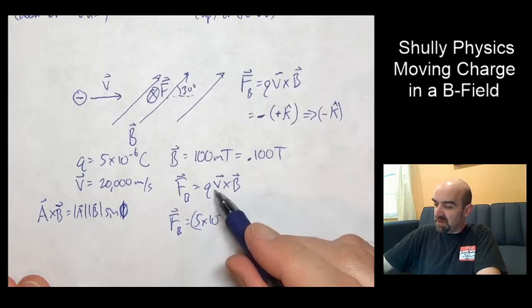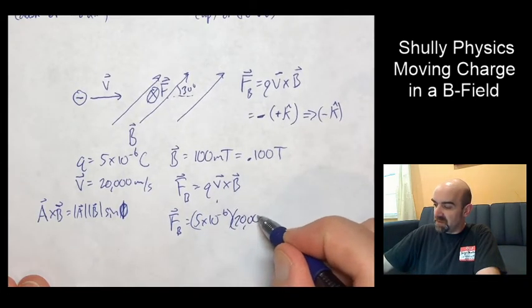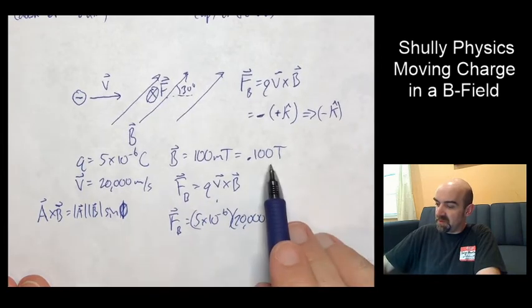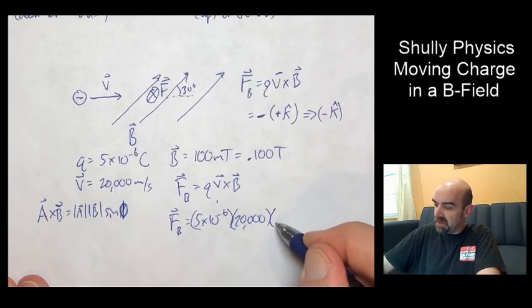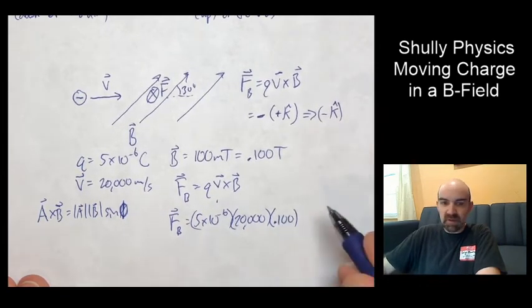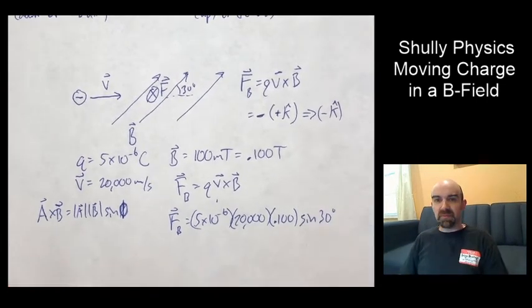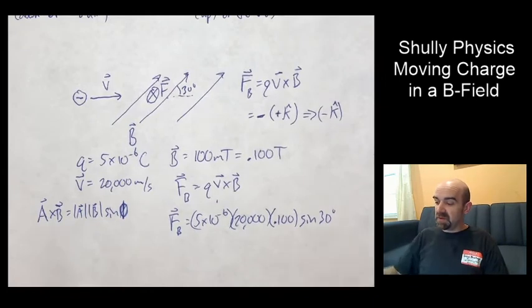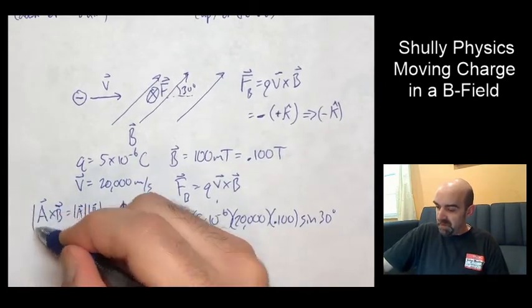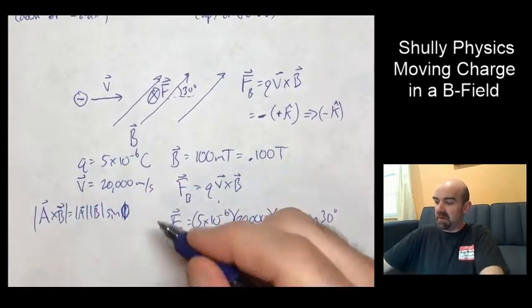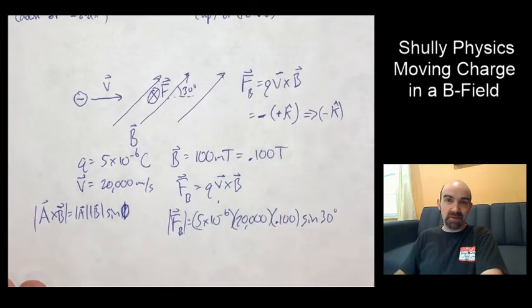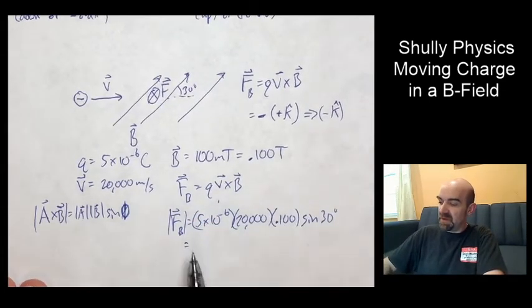I'm going to take the magnitude of V, 20,000, times the magnitude of B, 0.1 teslas, times the sine of the angle between them. This is going to give us the magnitude of A cross B, not the direction. If there was a negative here, that would indicate what to do with that direction.